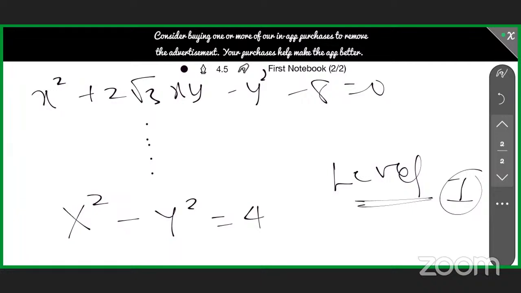But from the next question onwards, we'll be using a lot of things. So you should know the concepts, corollaries, everything, and we'll also be using the basics of 2D geometry, locus, everything. So kindly go through all these things and come.